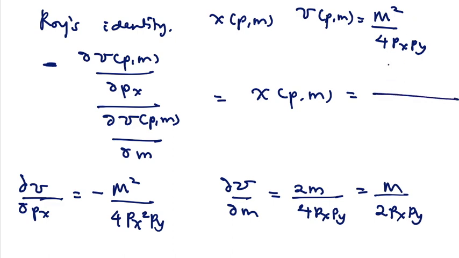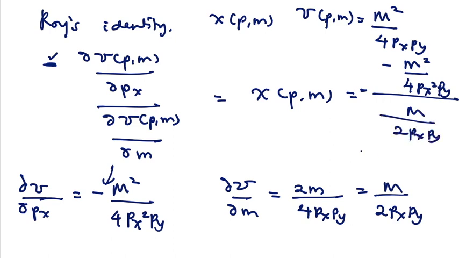So here we have minus, and then we have minus from this, and then this minus comes from this, isn't it? So minus minus m squared over 4 px squared py, and then over m over 2 px py. When you simplify it, this is very simple already.